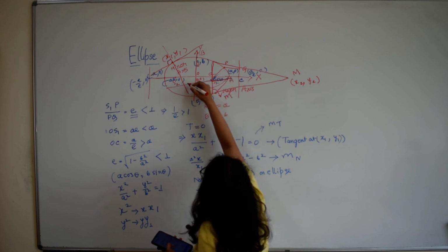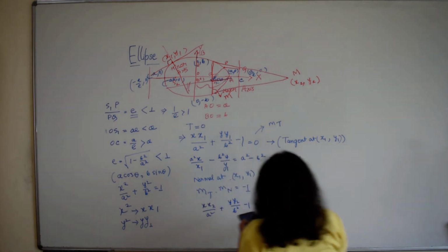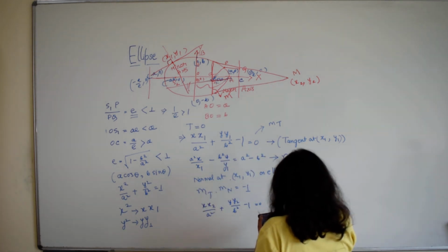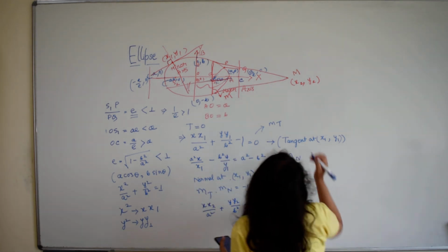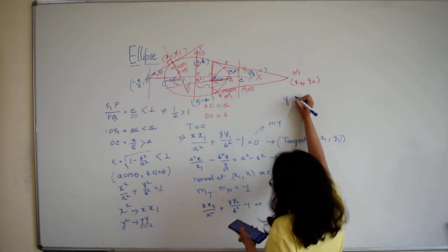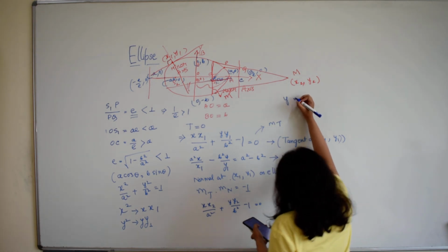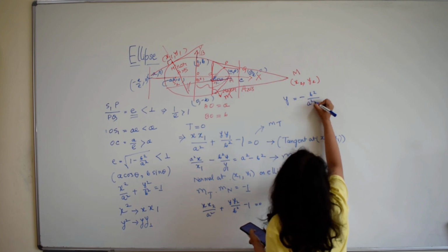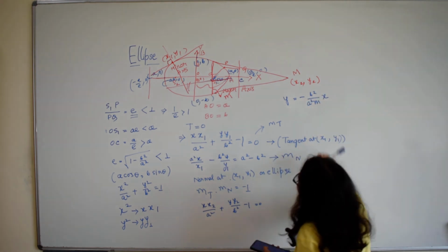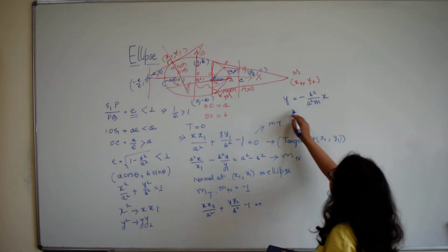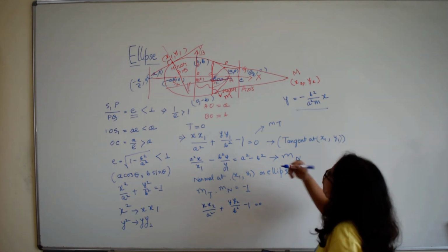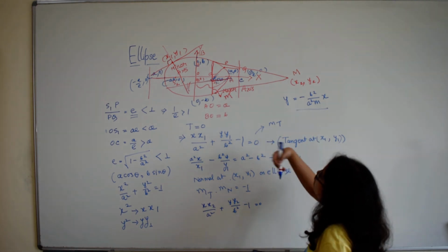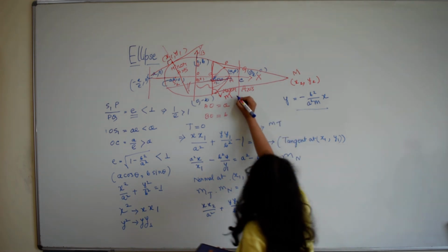So we have to calculate the equation of this straight line, which will be y equal to minus b square by a square m x. So this is a straight line that will bisect the chords of the ellipse which have slope equal to m.